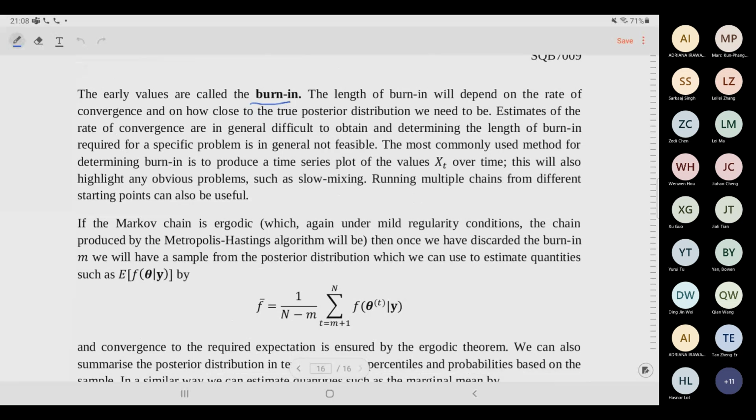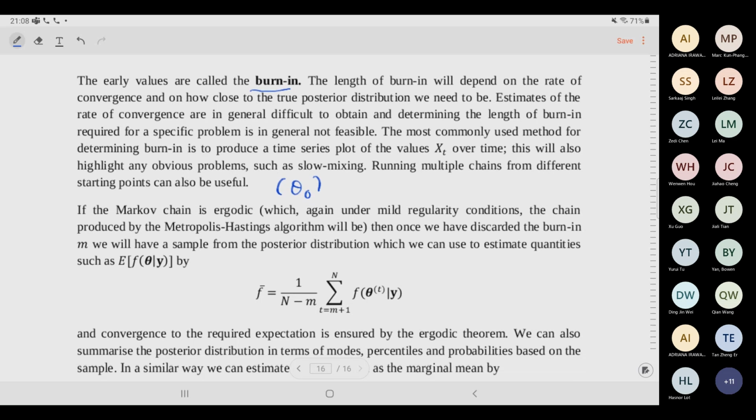The other way is to run multiple chains from different starting points. If you have your theta naught, your starting point, you can change it to different values to see whether the chains converge to the same point. So that is also one way to check whether convergence has happened or not.